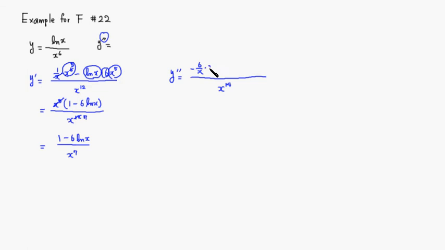Actually, sorry, the bottom is 7, x to the 7th power. Minus the top, which is 1 minus 6 natural log of x, times the derivative of the bottom, so that's going to be 7x to the 6th power.